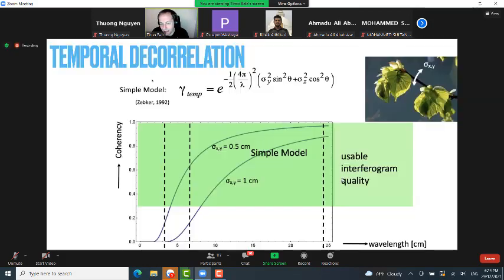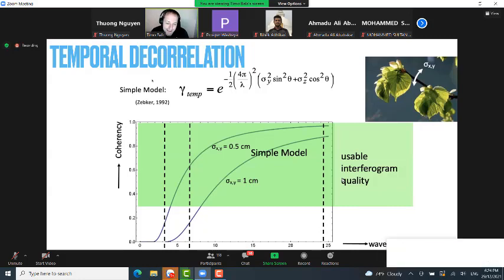Unstable points are something like vegetation, that is shaking with the wind, that is unstable in the sense that it's moving close to the wavelengths or in factors relative to large parts of the wavelengths.